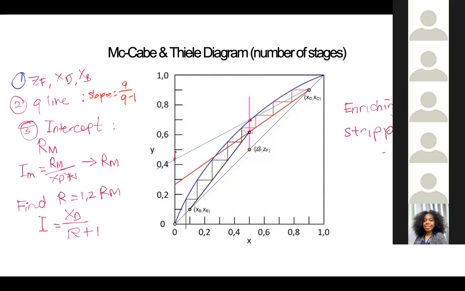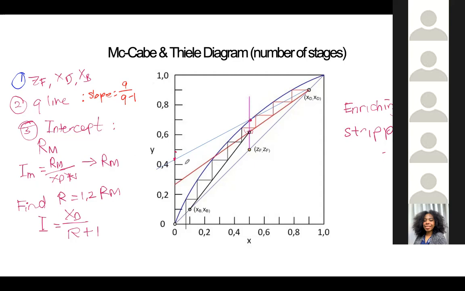Intercept, Miss. Yeah. Which intercept? The ZF and XD. Yeah. But before we find that intercept, we have to find the intercept for the minimum reflux. Oh yeah, the minimum.